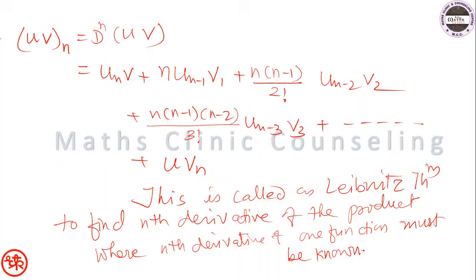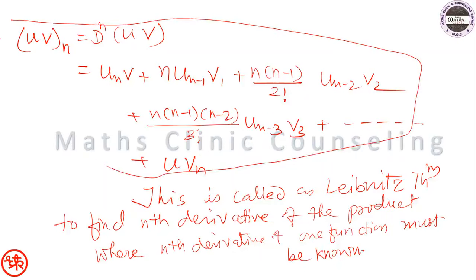Is that clear? So in this way, this was the standard formula. This is a standard formula to find the nth derivative of the product of the two functions, a very important formula.